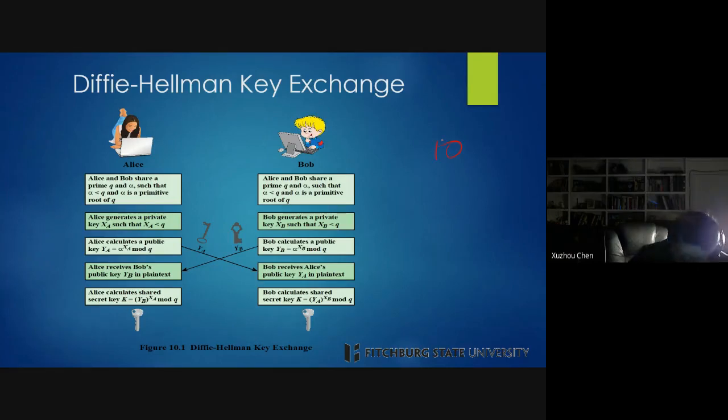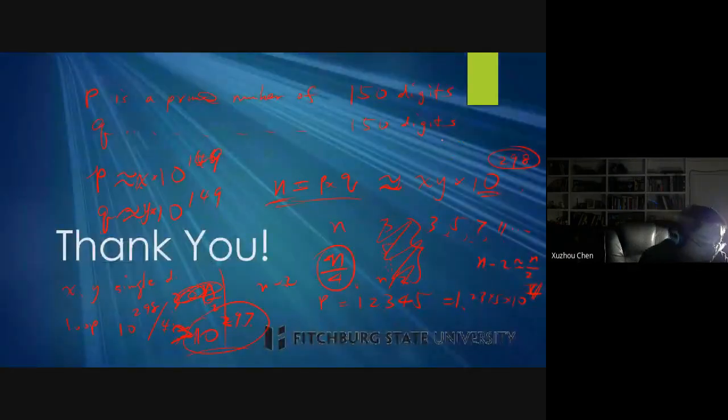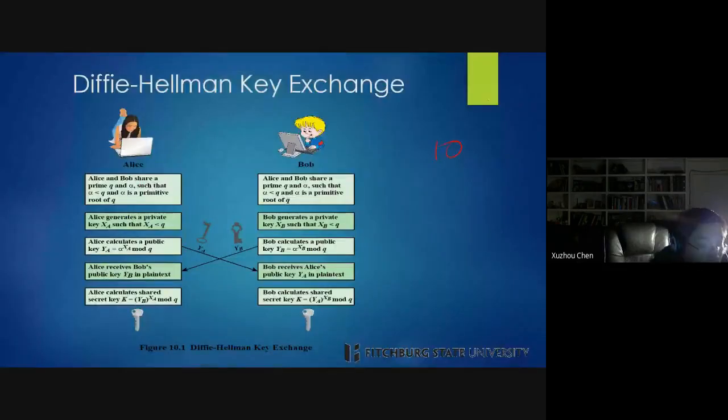So it's 10 to the 297. If I do the division, I can do 1 billion divisions per second.